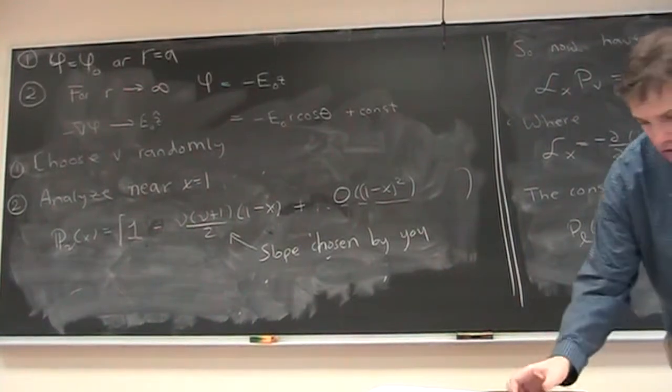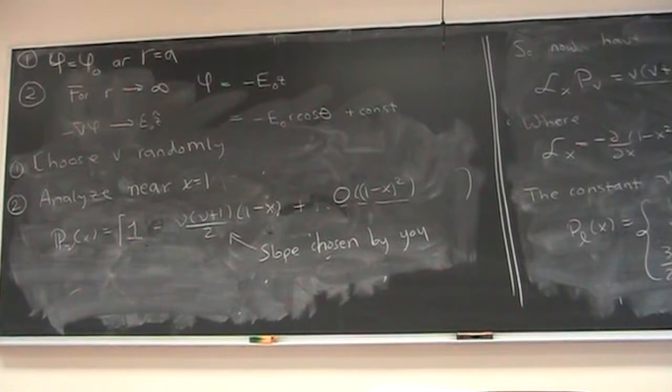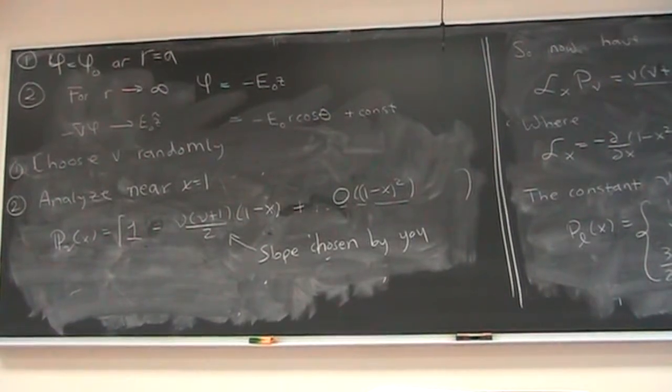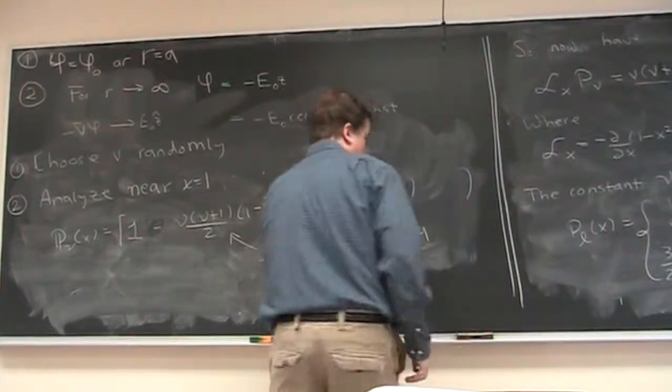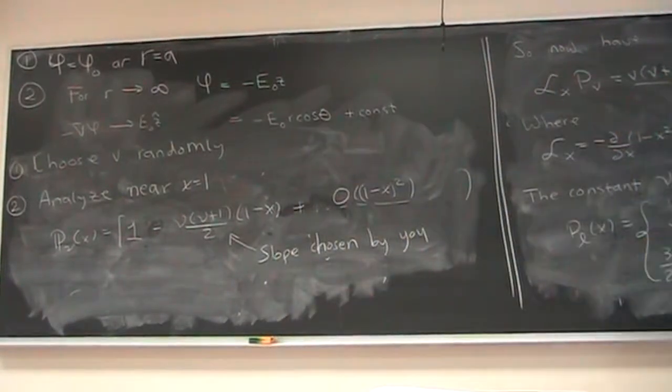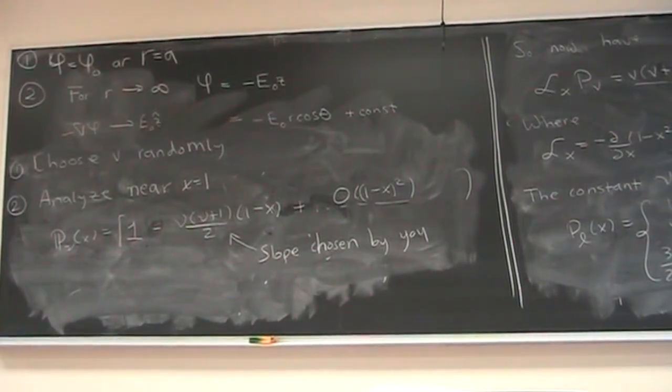Okay. Good. So now we've handled the angular direction. It's just like the Schrodinger equation, except nu is now quantized. Now I can go ahead and solve the radial direction. So we've handled this thing. Let me erase this one.